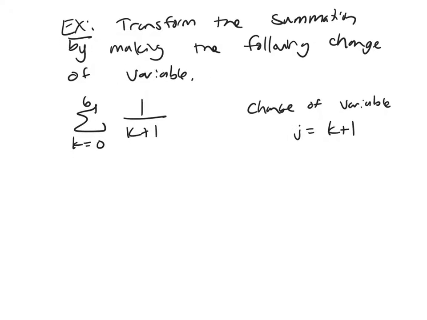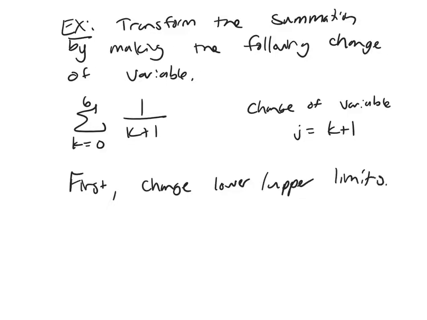So when you're doing a change of variables, it's important to first change the lower and upper limits. So let's start with the lower limit, k equals 0.